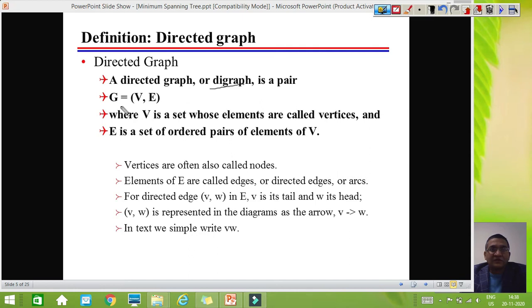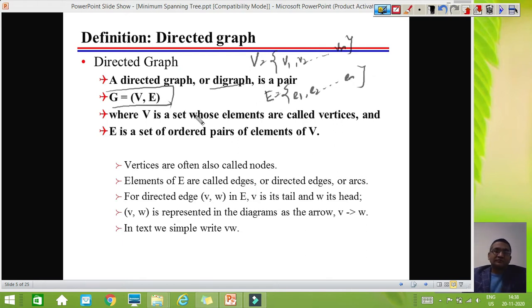So we represent it using the notation G = (V, E), where V is a set of vertices, let's say V1, V2, up to Vn, and E is a set of edges, which you can write as E1, E2, up to En. So we can represent graph as G = (V, E), where V is a set of vertices and E is a set of edges. Now we have certain properties.